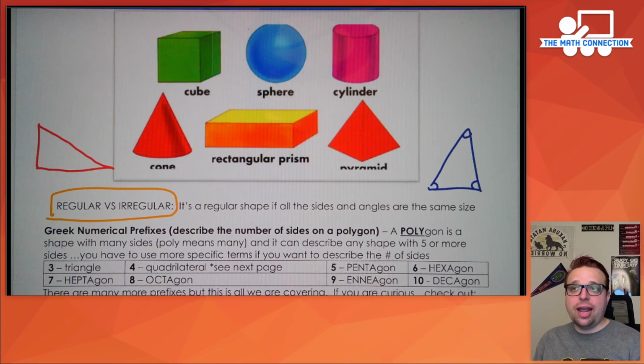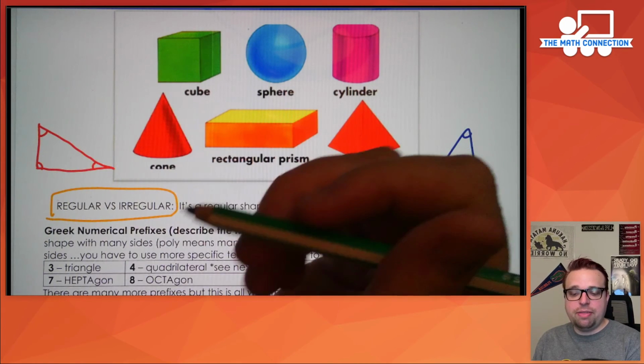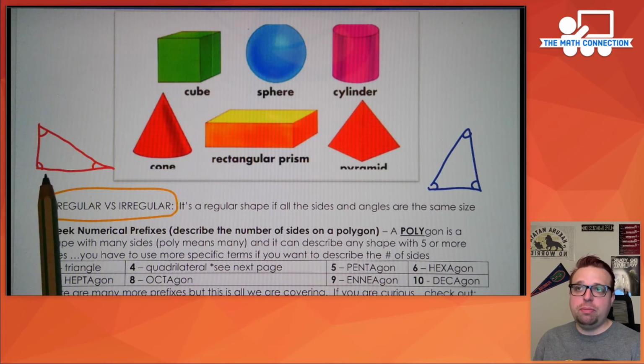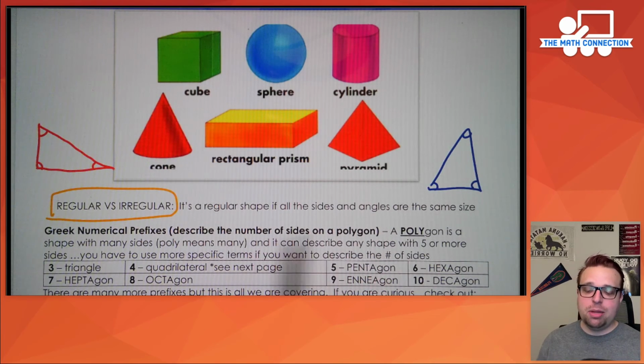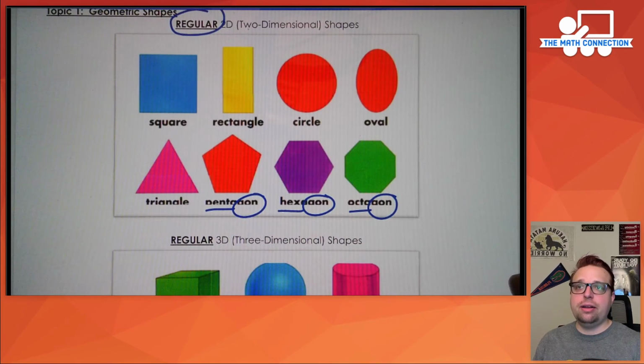It's still a triangle because it has this angle and this angle, and that's where that word comes from: triangle, 3 angles. But it's not a regular triangle because these angles are not going to be the same measurement and the sides are not the same measurement. And that can be applied to any of these 2-dimensional figures that you see right here.